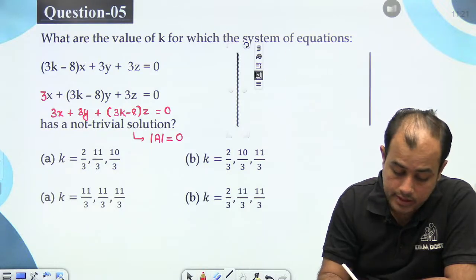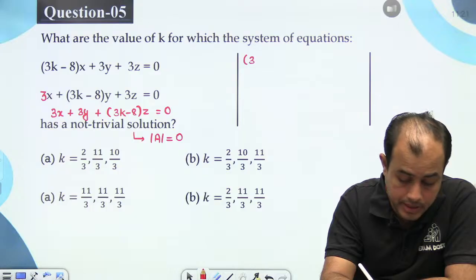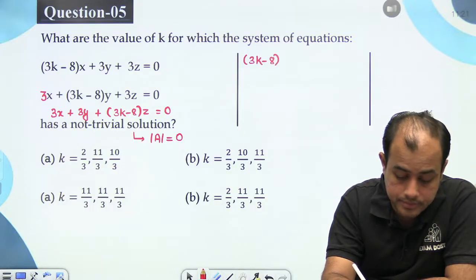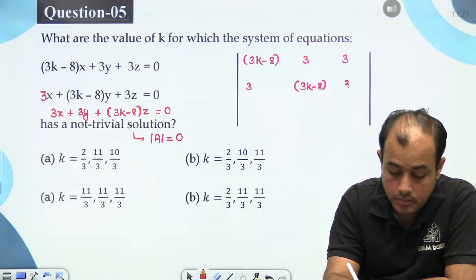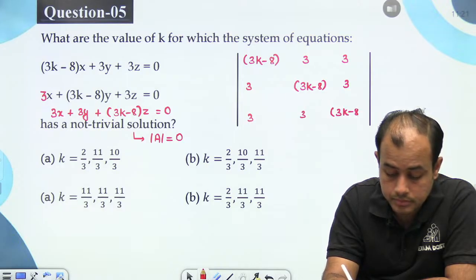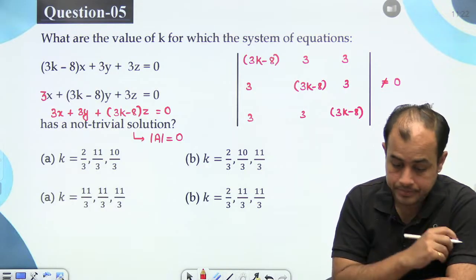So first I will draw the matrix A. पहले A matrix बनाते हैं. This must be non-zero.